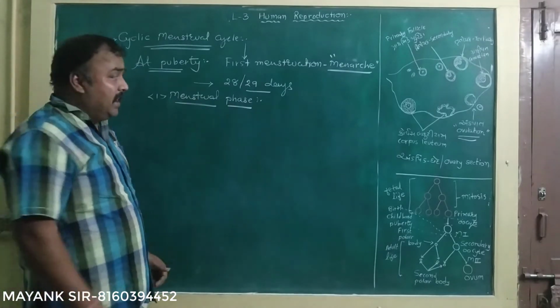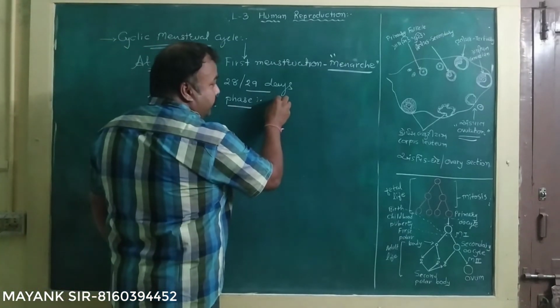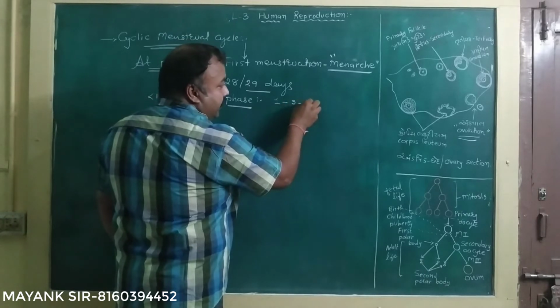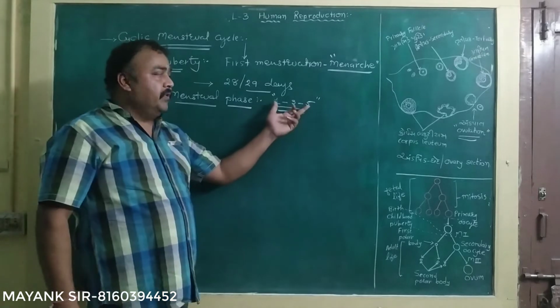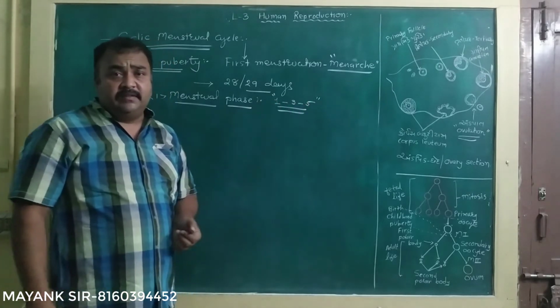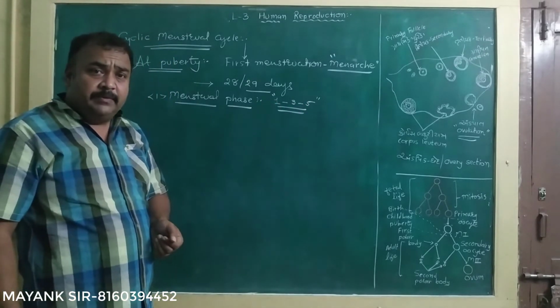Menstrual phase lasts from the 1st to the first 3 or 5 days. At that time what happens?